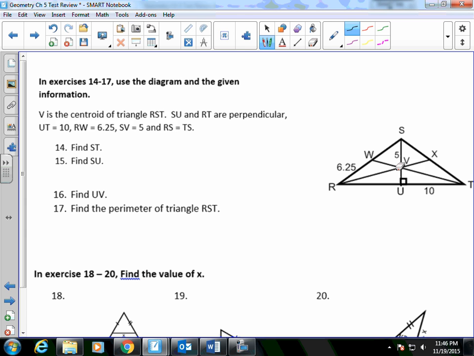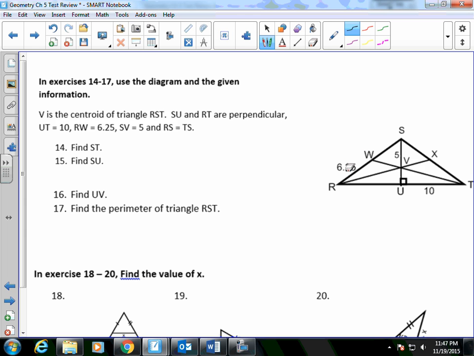It tells us that V is the centroid, which means TW, RX, and SU are all going to be medians, meaning they're going from a vertex to the midpoint of the other side. So everywhere on the outside, if we've got a measure on one side of that midpoint, then we know the measure on the other side of that midpoint is going to be the same.